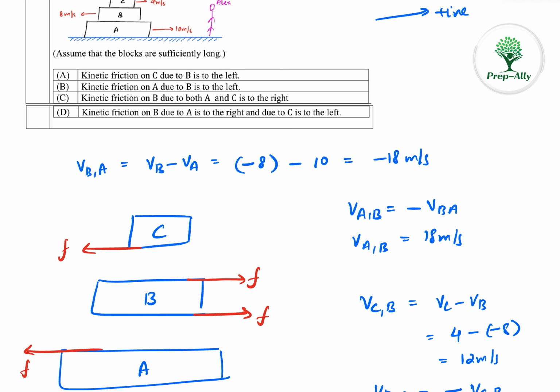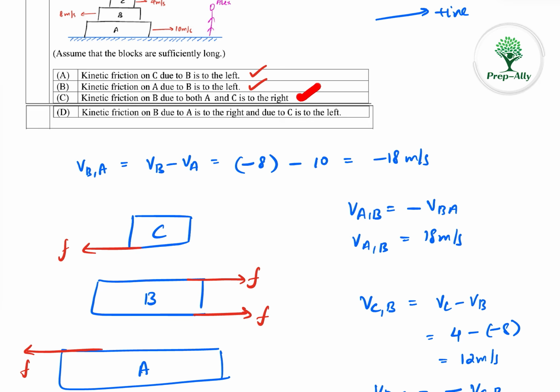Now, kinetic friction on C due to B is this one. It is to the left, which is correct. Next, kinetic friction on A due to B. So on A due to B, it is this. It is also to the left. So this statement is also correct. Kinetic friction on B due to A and C. So on B due to A is to the right, due to C is also to the right.